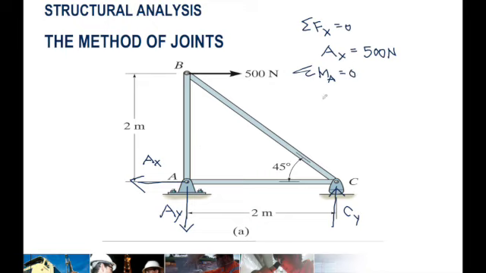For the summation of moments at A, the assumption is counterclockwise is positive. So 0 is equal to CY, which gives us a positive moment, 2 meters times CY, minus 500 times 2 meters, which gives us a clockwise moment, so it's negative.